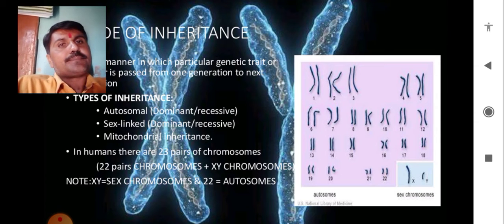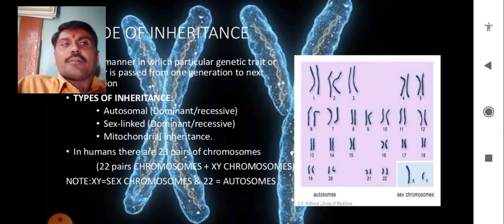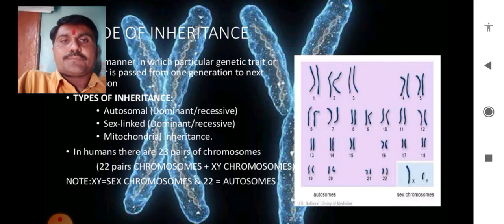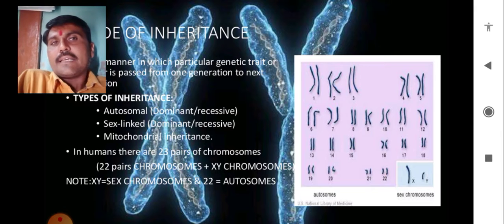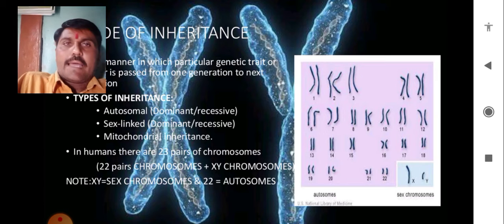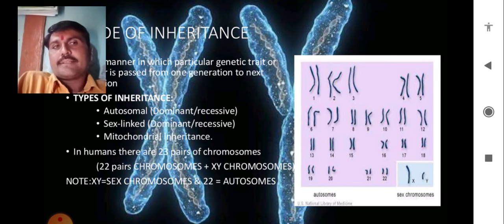In that case, humans show 23 pairs of chromosomes. Well, 22 are autosomes, and autosomes are called the non-sex linked chromosomes, and the 23rd one, that is the pair of X and Y, these are sex linked chromosomes.